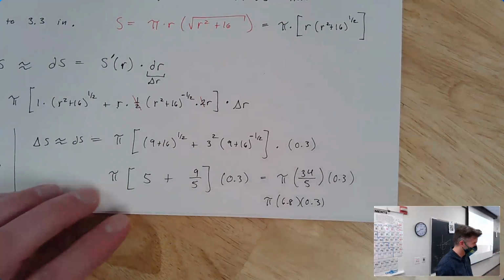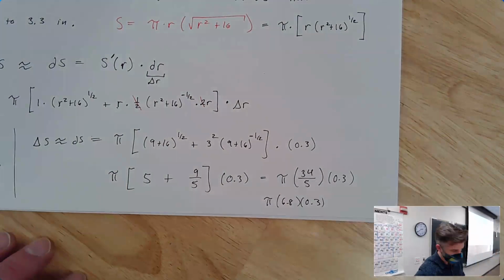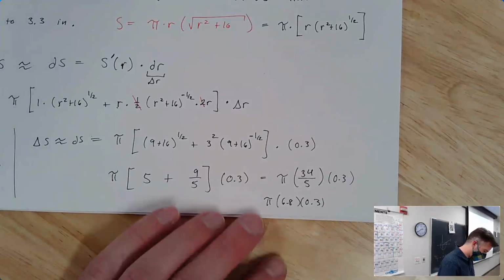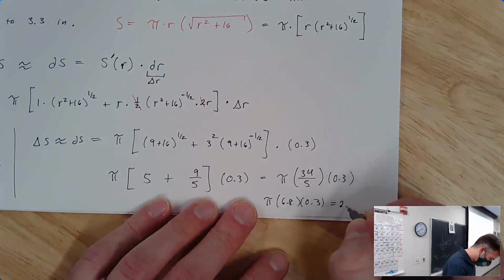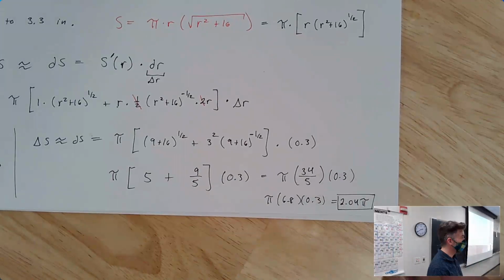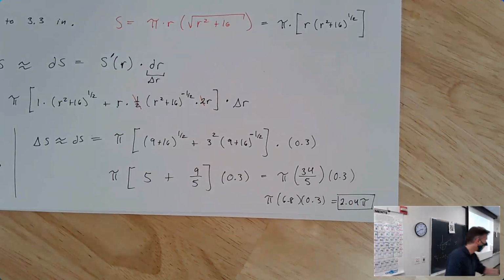That feels like a calculator kind of thing to do, so I would get a calculator. 0.3 times 6.8 is 2.04. So this is equal to 2.04 pi, which you could then approximate further if you wanted to.